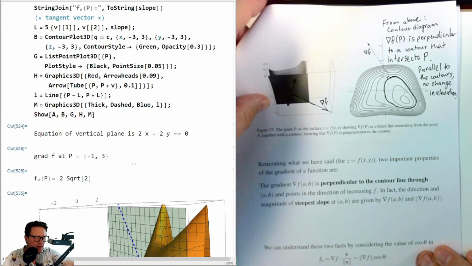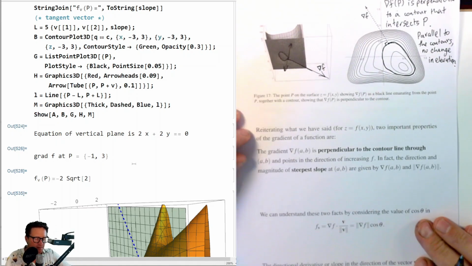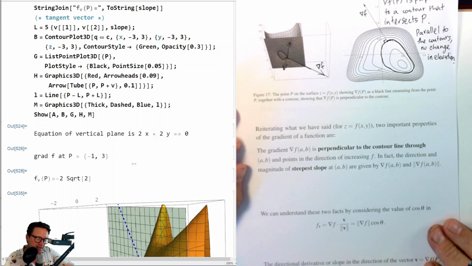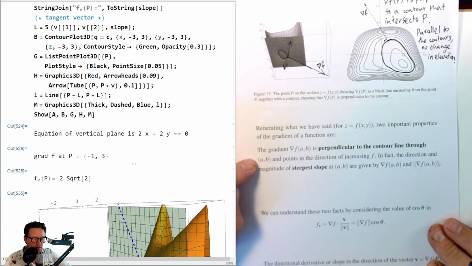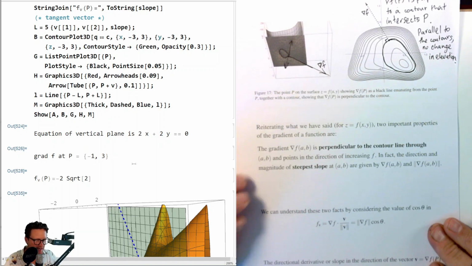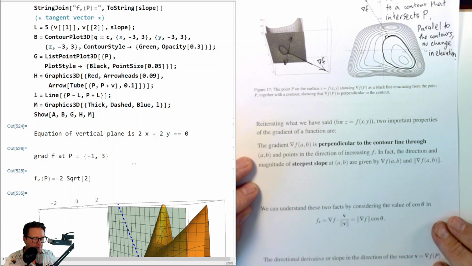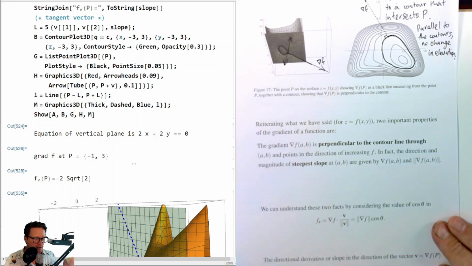Okay, so reiterating what we've said for z equals a function of two variables, x and y, two important properties of the gradient of a function are the following, and I'm sure we've already said that, but let's read it out. The gradient grad f at (a,b) is perpendicular to the contour through (a,b) and points in the direction of increasing f.